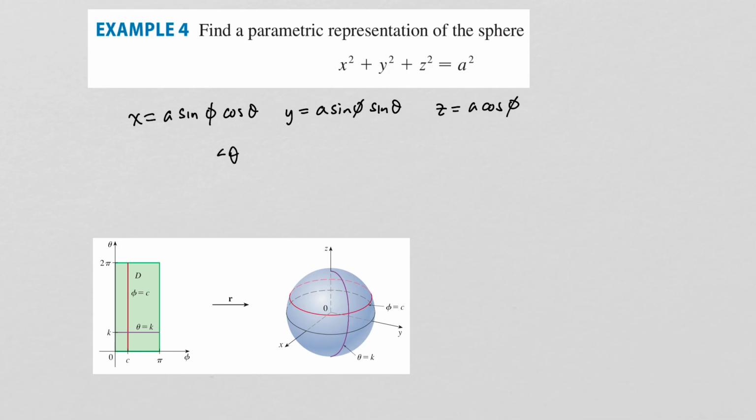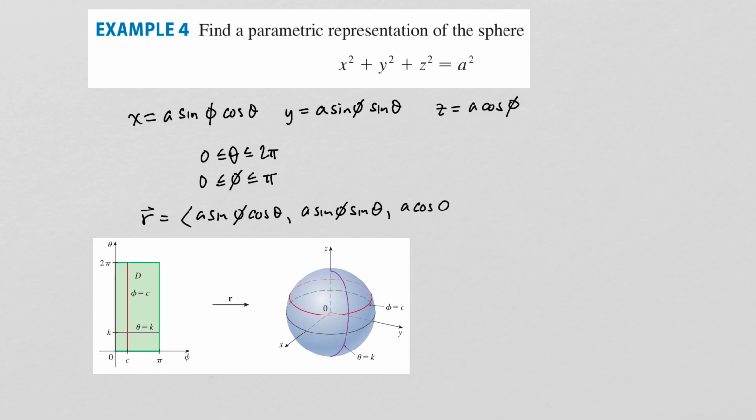So theta needs to be between 0 and 2 pi, and phi must be between 0 and pi. So we can give the parametric equations like we have here, or we can write this as r is equal to a sine phi cosine theta, a sine phi sine theta, and a cosine phi.